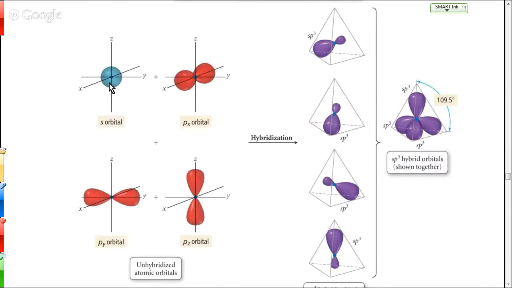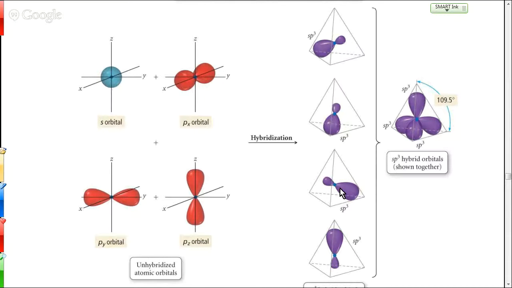We take an s orbital, which is the sphere, and we mix it with 3 different p orbitals. And the p orbitals are going in all orthogonal directions, perpendicular directions. So you've got one along the z-axis, one along the y-axis, one along the x-axis. If we think about the s orbital combining with those, we get these kind of weird-looking things.